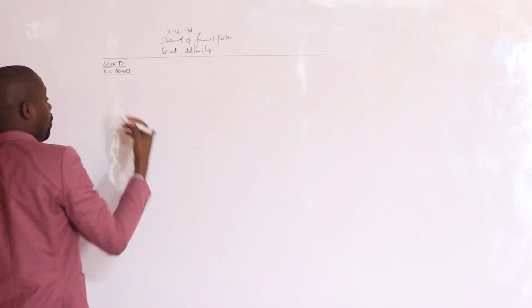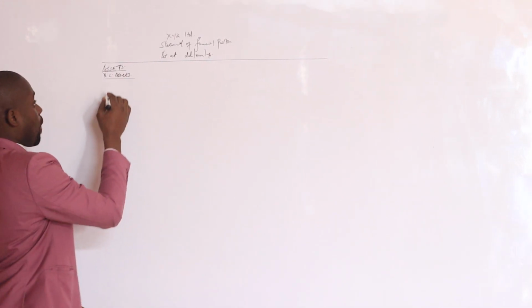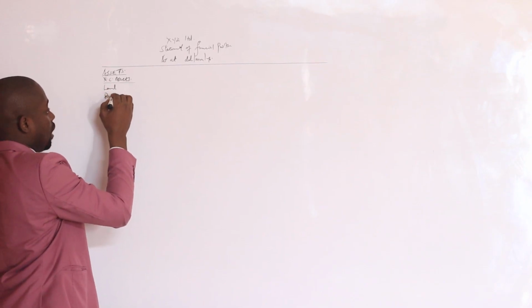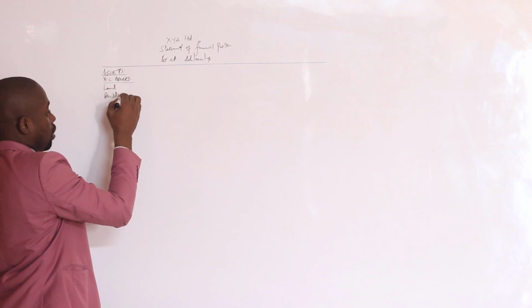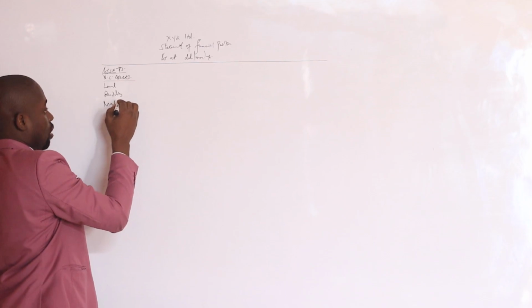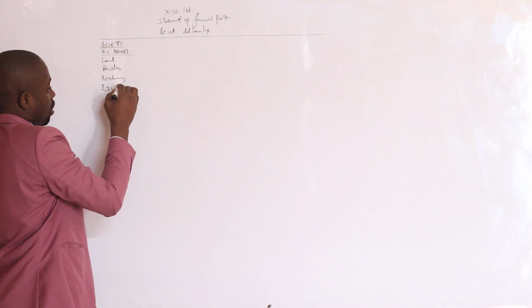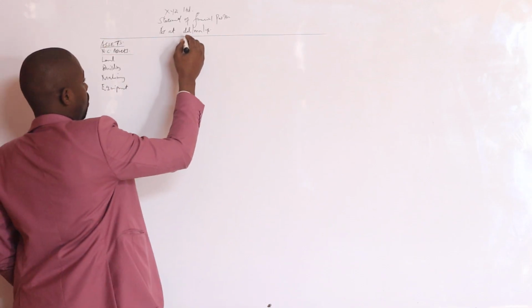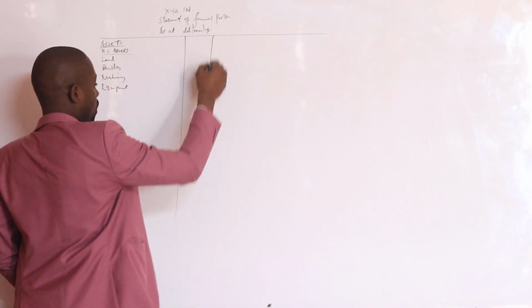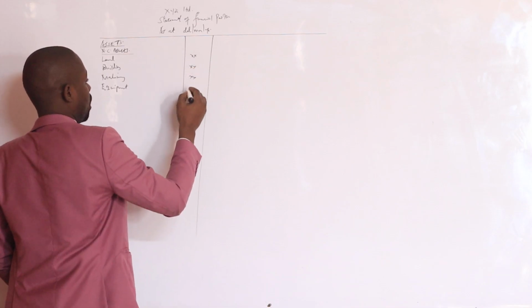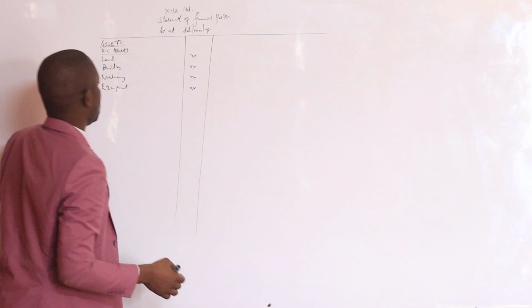Non-current assets, we talked about it last time in topic 1. Examples are land, could have buildings, could have machinery, could have equipment. We do a column here for the amounts. So that's for land, building, machinery, equipment.